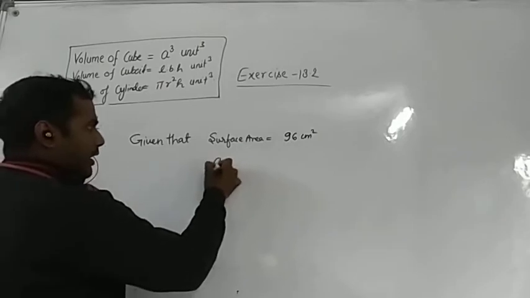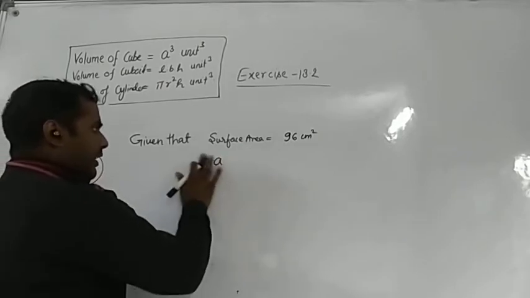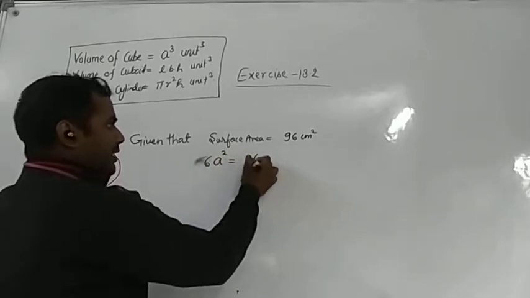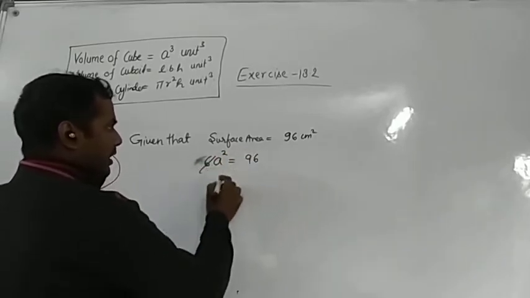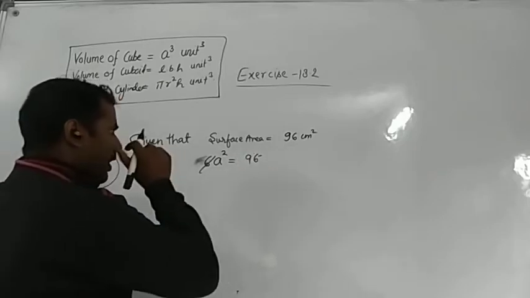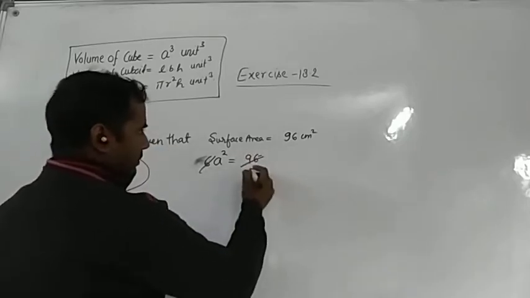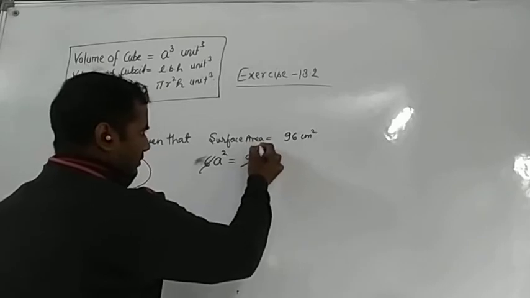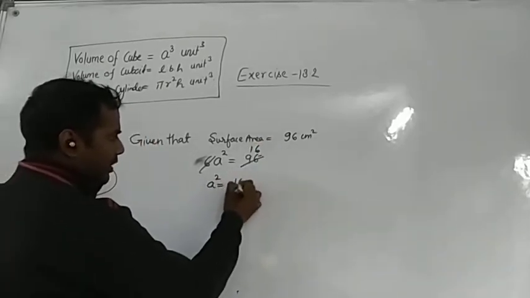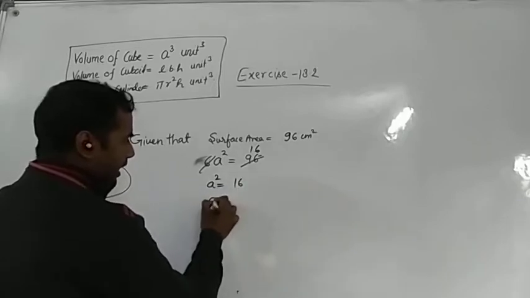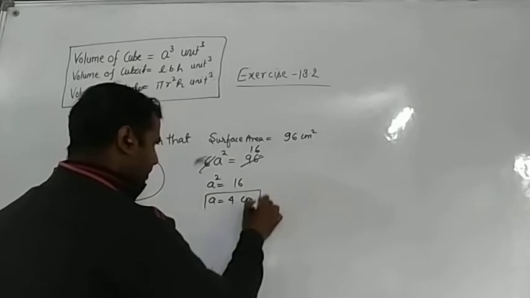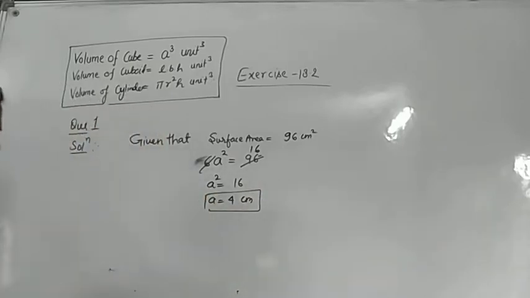As we know, surface area of cube is 6a square, equal to 96. Now cancel out 96 by 6, so a square is equal to 16, a is equal to 4 centimeter. Now the side of the cube is 4 centimeter.